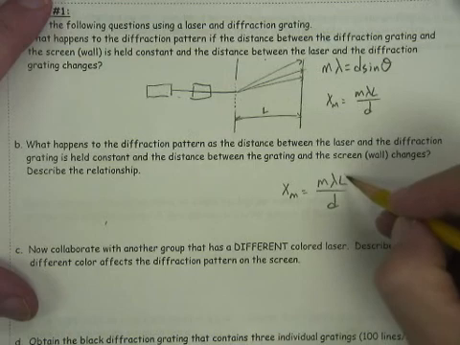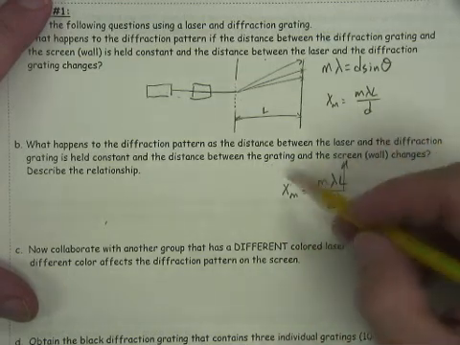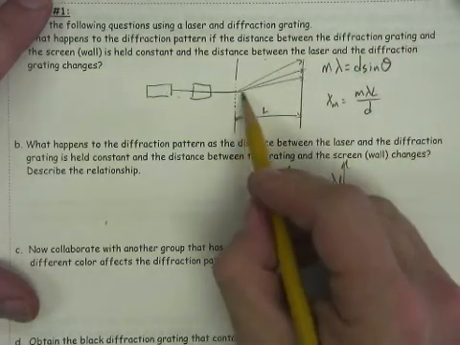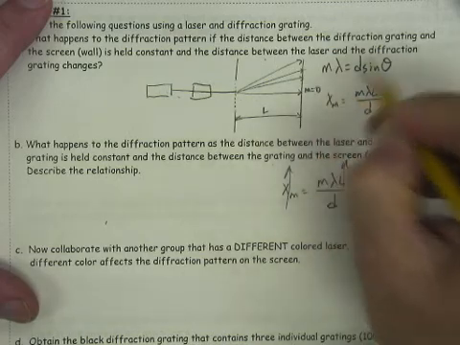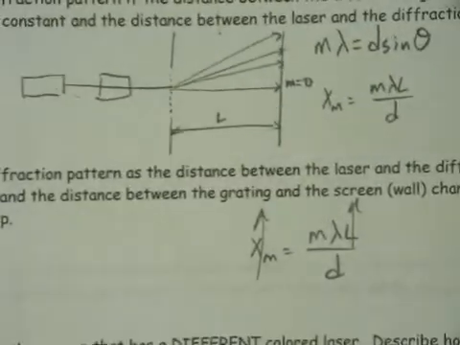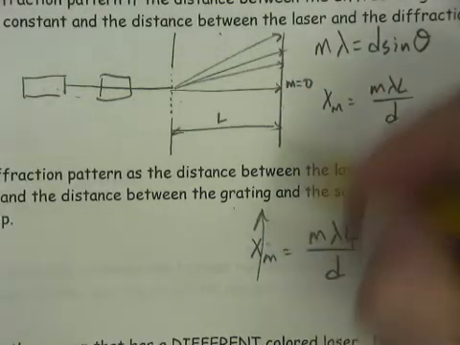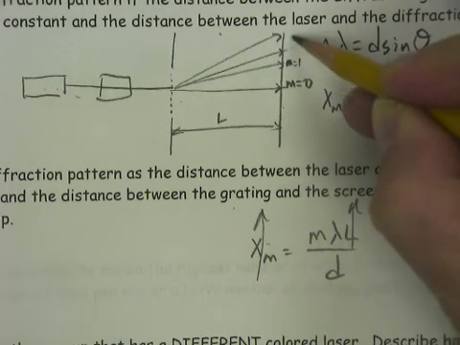If the distance between the grating and the screen, which is L, goes up, then x goes up. If I go back up to here, this would be m equals 0. The x in this equation is the distance between m equals 0, m equals 1, m equals 2.